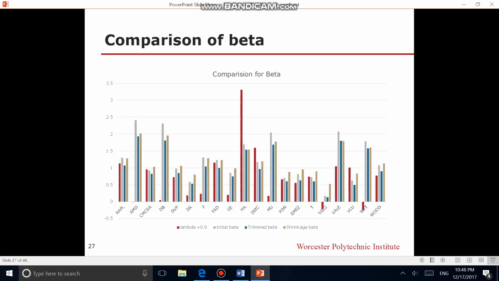So if we want to choose the beta, we would choose maybe the trimmed beta, and the EWMA is not a good choice. Besides, we can see that the asset USCI has a strange EWMA beta because the other 3 betas are positive and the EWMA beta is negative.